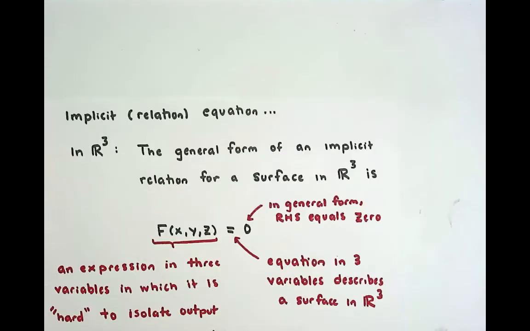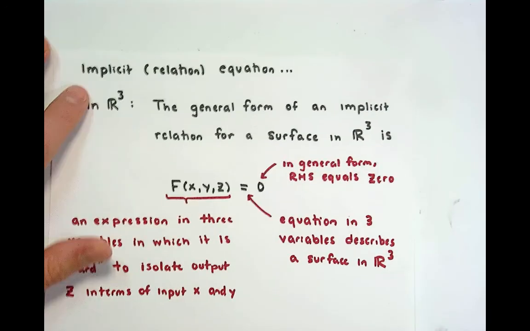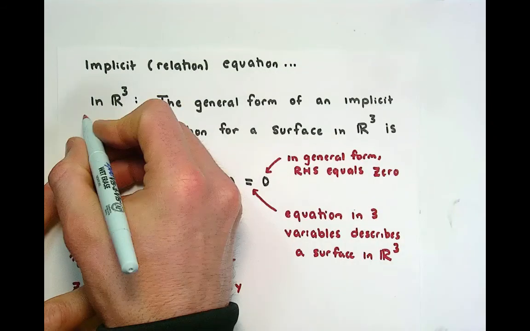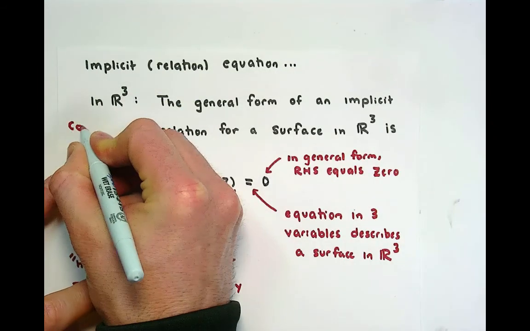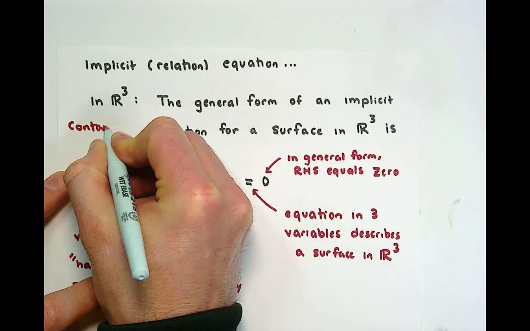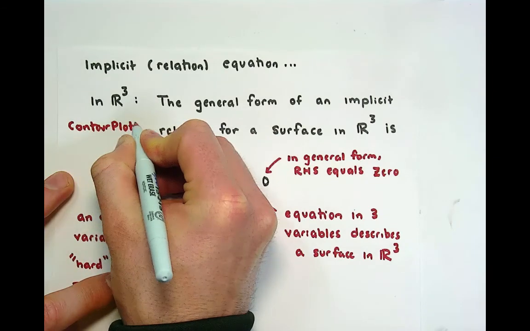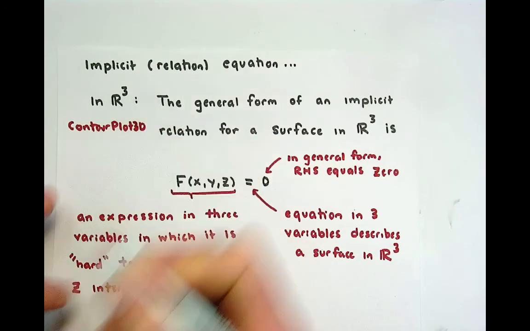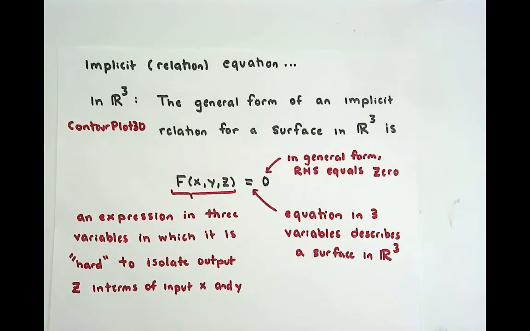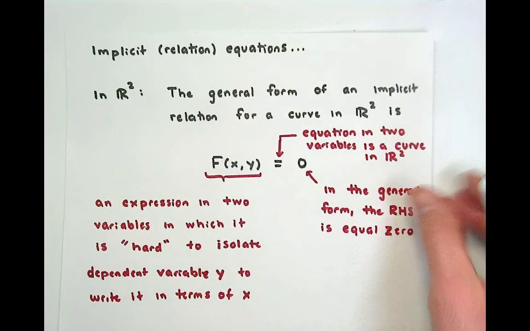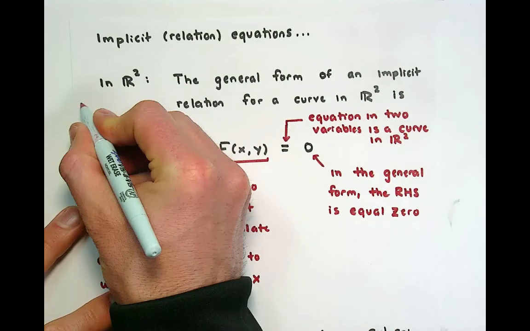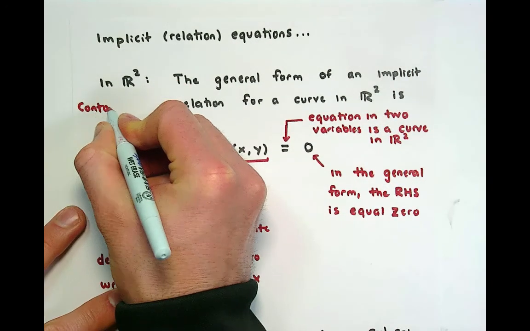when we look at implicit relations in R3, we will often use the ContourPlot3D command in Mathematica. Of course, implicit relations in R2 are not in 3D, so this is just the ContourPlot command.